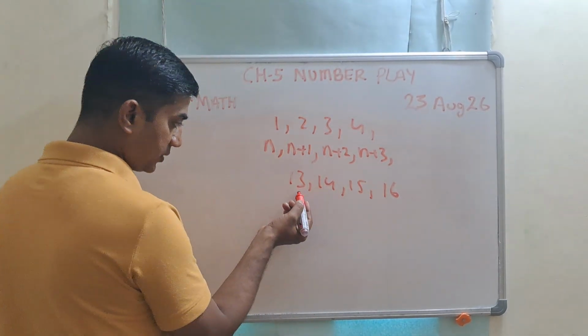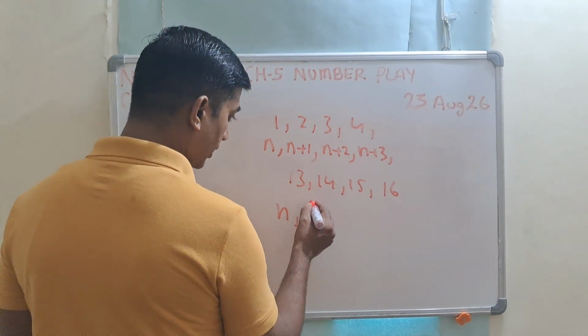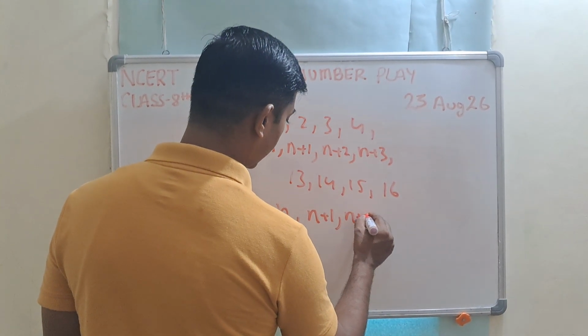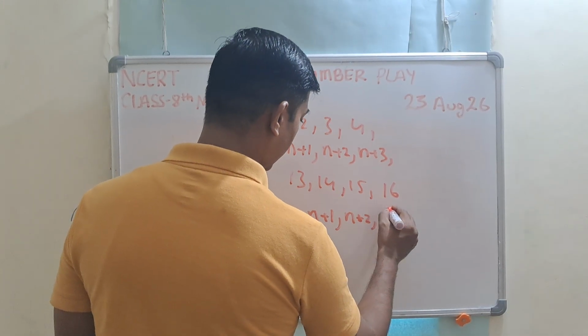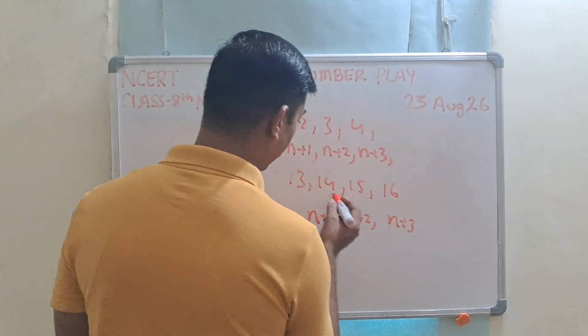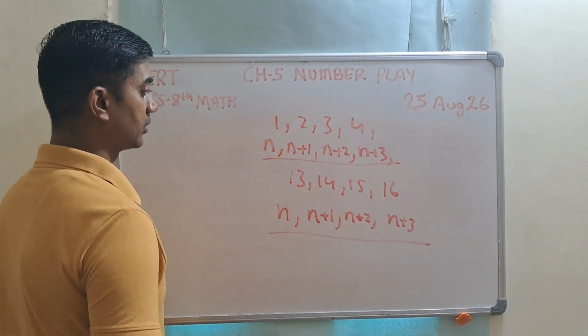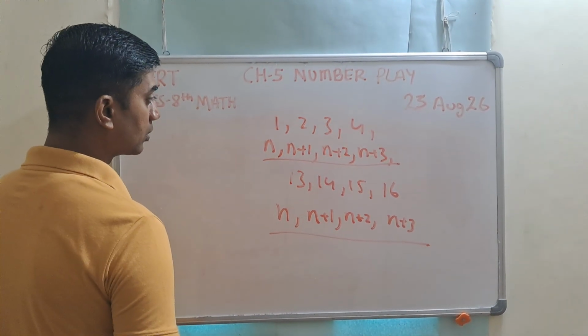Now we will see, if this 13 is n, then this 14 is n plus 1, this 15 is n plus 2, and this 16 is n plus 3. So any 4 consecutive numbers can be represented by this. Understood?